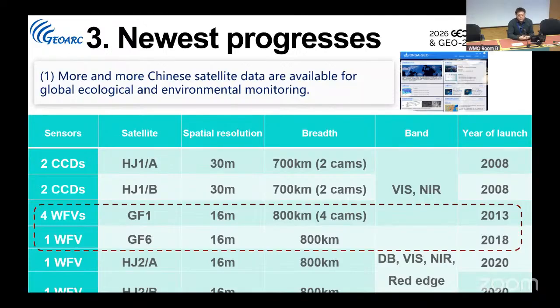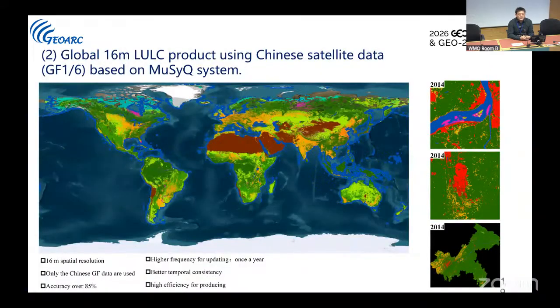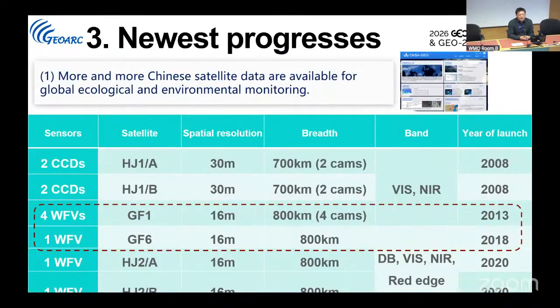Okay, next, please. So based on the data sets and the connections, we made some more research to close the gaps between research and applications. So we have some new progress based on this idea. The first one is that we have the ARD using the Chinese data set at 10-meter level.